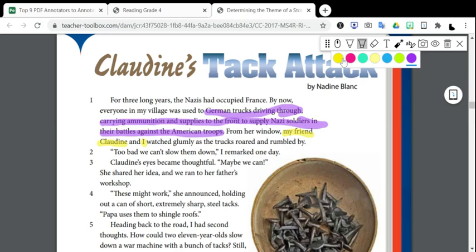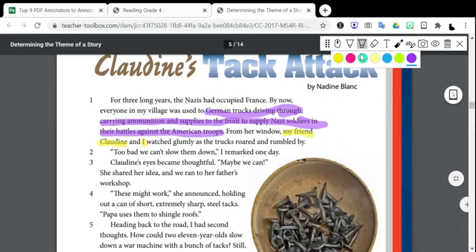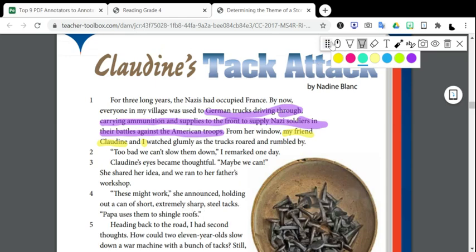Now, for some background here, this is World War II, and we have the Axis powers and we have the Allied powers. The Allied powers were the Americans and the English and the French and the Italians. And then the Axis powers were the Germans and the Japanese. They were trying to take over the world. At this point, they're only trying to take over Europe.